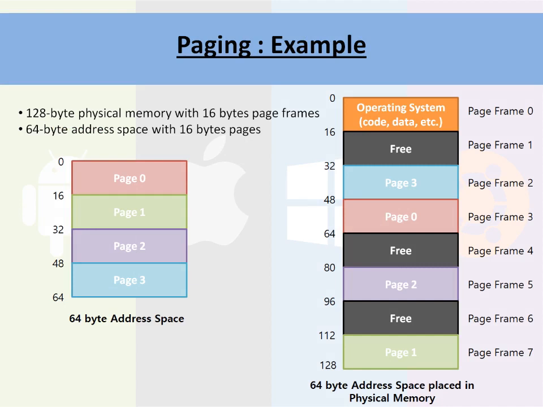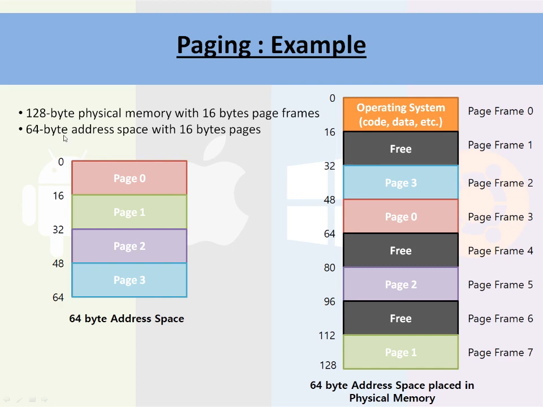Cool. So, an actual paging example. Here I've laid out our physical memory, as well as the address space of a particular process. You can see on the right hand side our page frames are all labeled, and all of the different blocks here are our different pages. So what does this example tell us firstly?